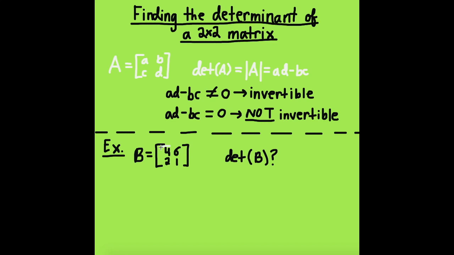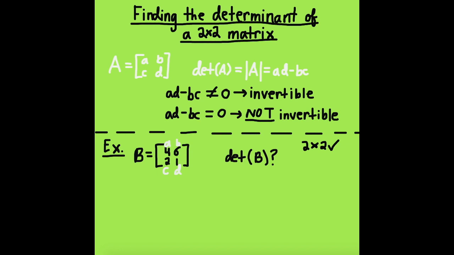Matrix B has 2 rows and 2 columns, so matrix B is a 2 by 2 matrix. So let's label what A, B, C, and D are. A equals 4, B equals 6, C equals 2, and D equals 1.